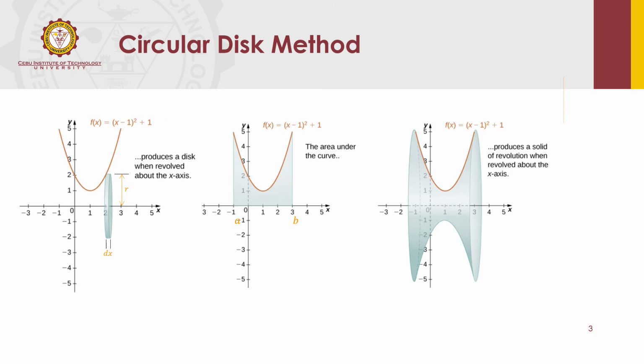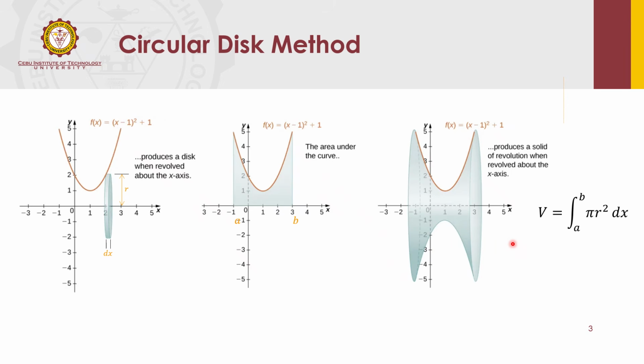It's shown here, from -1 to 3. This is the three-dimensional figure that is formed by rotating the region under the given function about the axis of rotation, which is the x-axis.